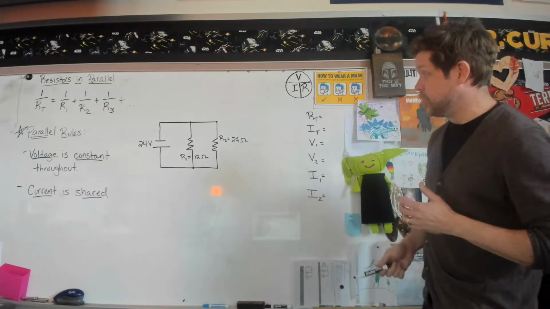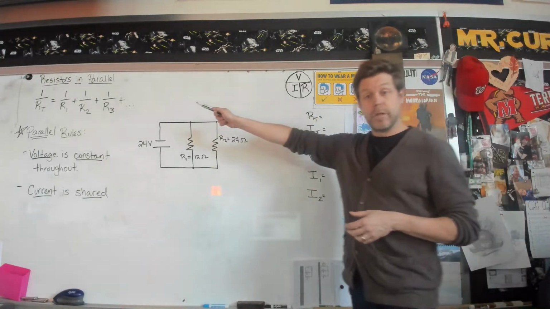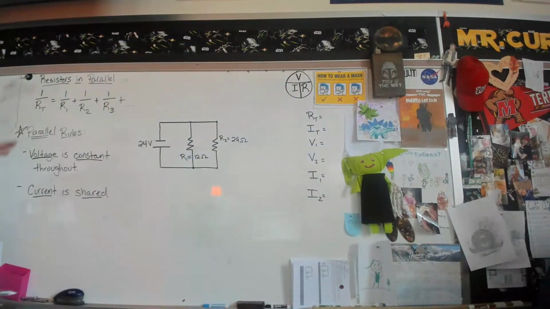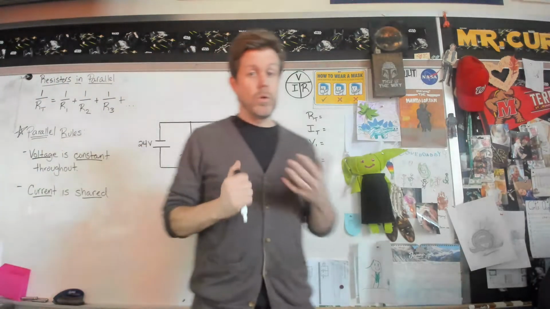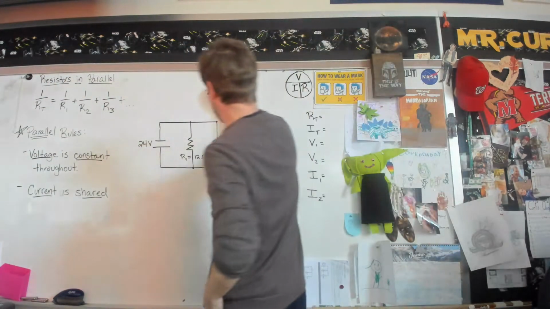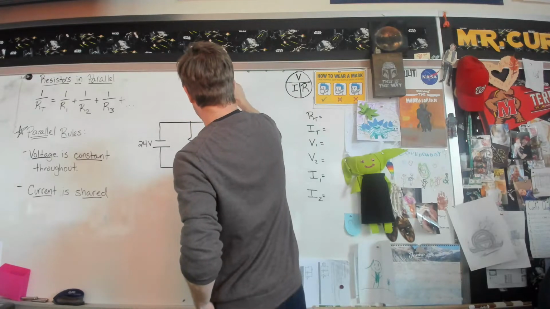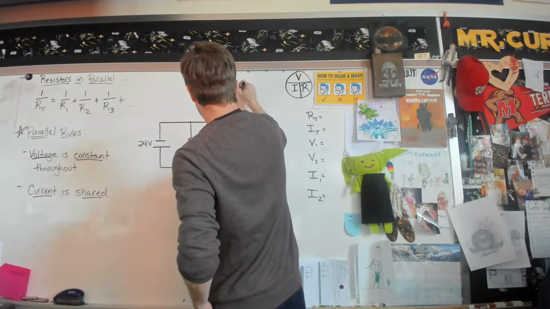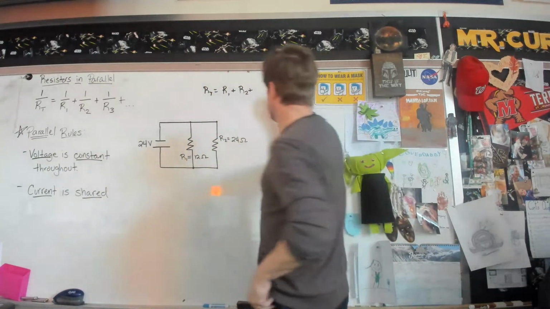Something here that's going to be new for us, and we'll start right out of the gate with this. We have a new formula. So if I look over here, resistors in parallel. Now, it might look somewhat familiar to when we had resistors in series. If you remember, resistors in series stated that the total resistance is equal to the sum of all resistors in the circuit.